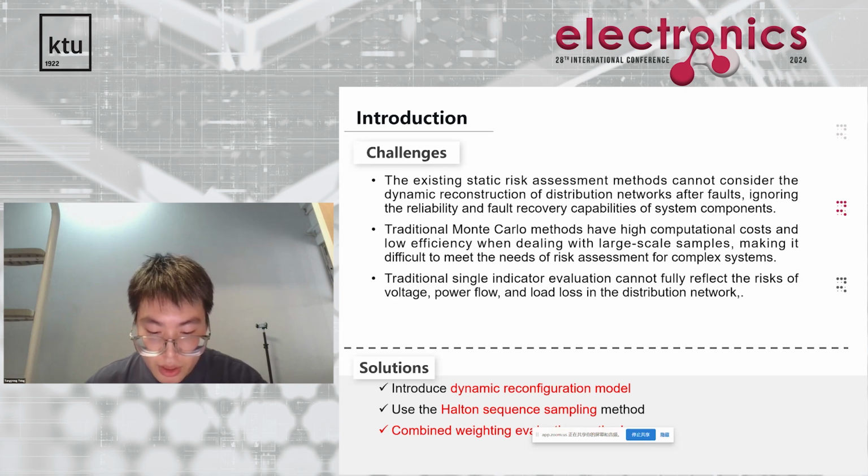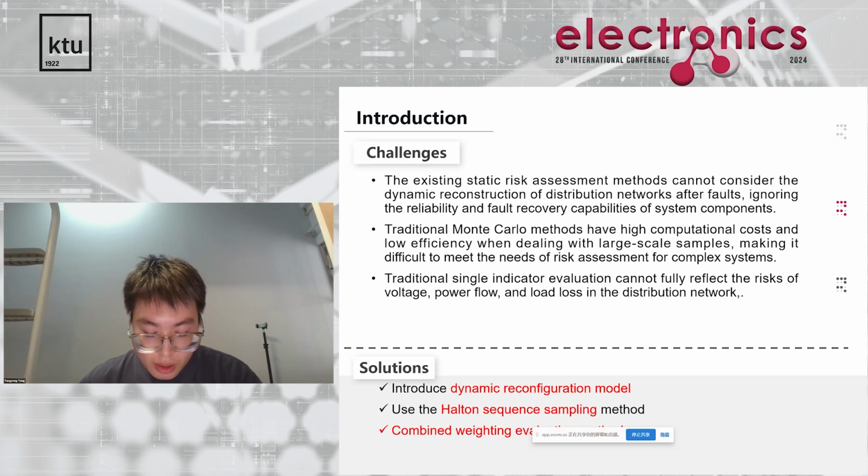Second, traditional Monte Carlo methods have high computational cost and low efficiency when dealing with large-scale samples, making it difficult to meet the need of risk assessment for complex systems.